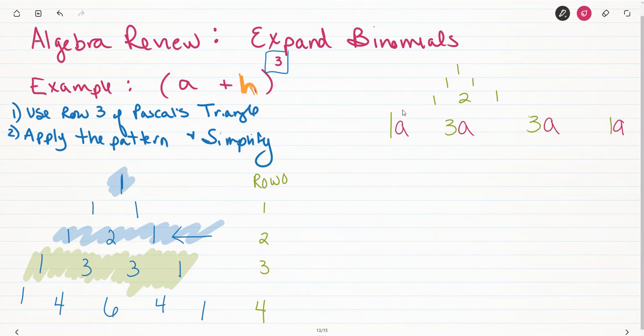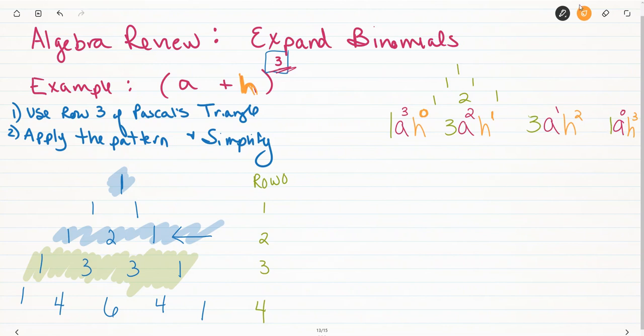And I'm going to start this a as an a cubed, again, because our highest exponent is going to be a 3. And then I just count down 3, 2, 1, 0. Now I'll do the same thing with the h's. Give each term an h. But I'm going to have to go opposite from the 3. So you could say that we're starting at the end, 3, 2, 1, 0, or if you start with the 0, 0, 1, 2, 3.